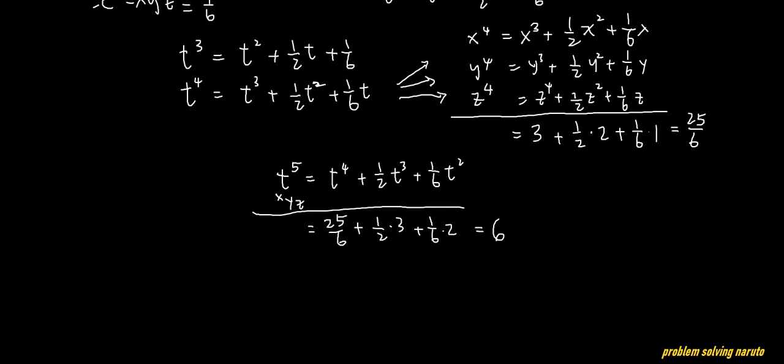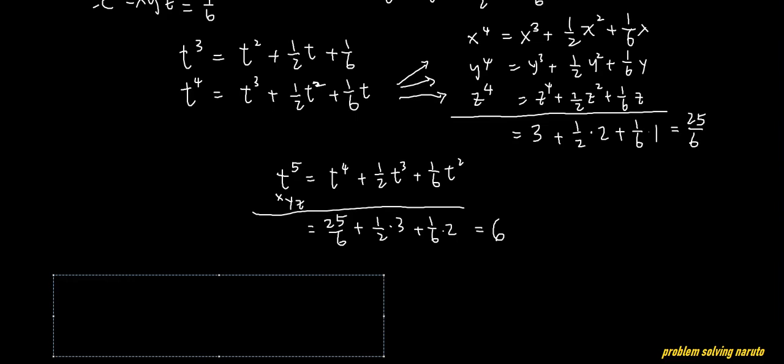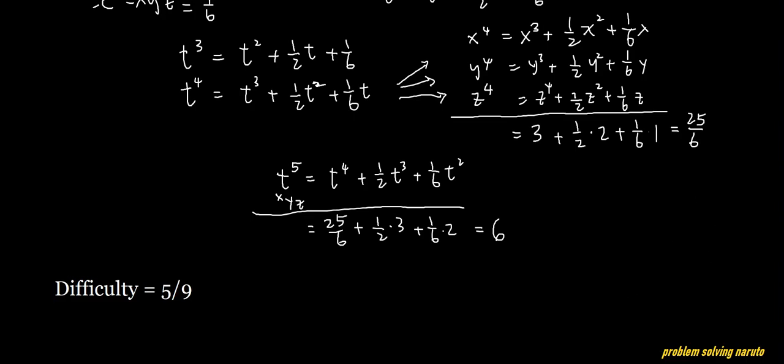Okay, so lastly, as usual, let's give this a difficulty score. This would be a typical National Olympiad level. So let's say 5 out of 9. And the character for this level would be Sasuke.